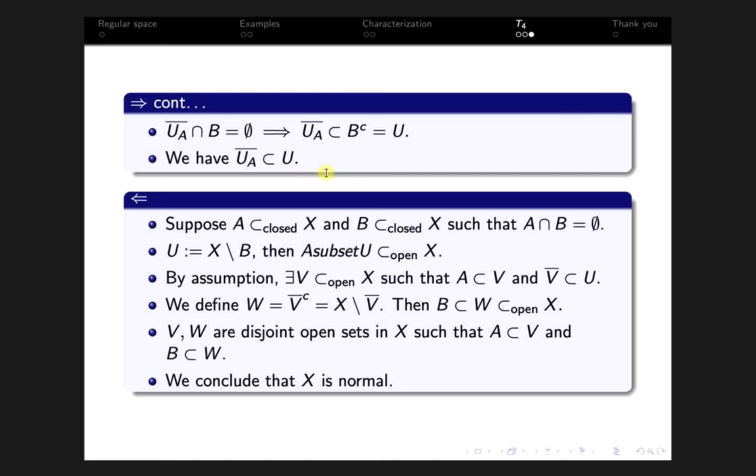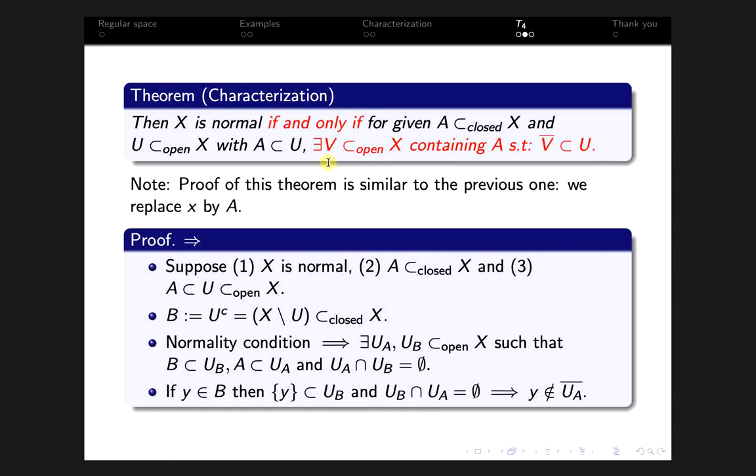For the converse part, let us go to the statement of the theorem. So what is the converse part? The converse part is the following. This is our assumption: for a given closed set A in X and an open neighborhood U of A, there exists another open neighborhood V of A such that V closure is contained in U. So we have to prove that X is normal.